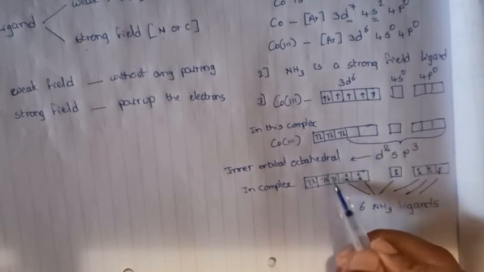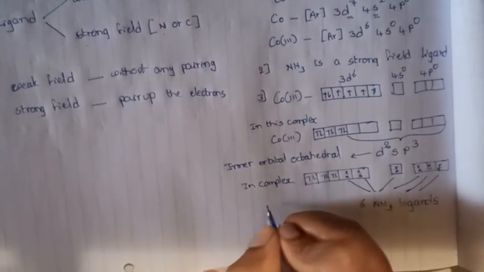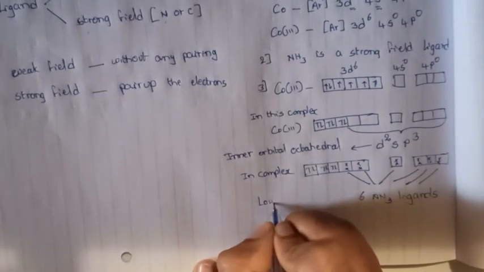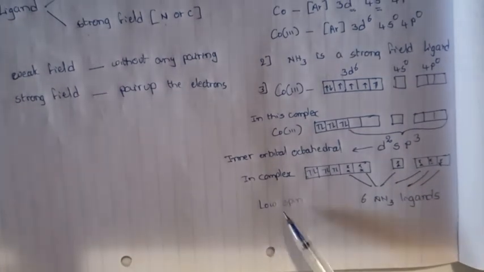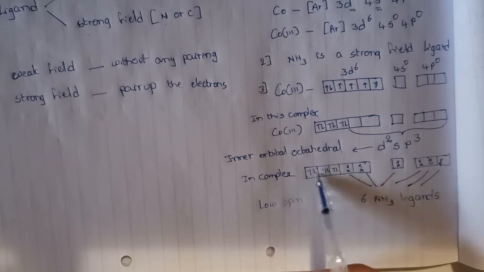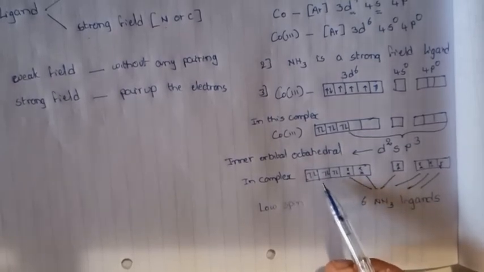There is no spin free electron here, so the complex is a low spin complex. As well, it is spin paired because all electrons are paired, and there is no free electron in this complex, so it is diamagnetic in nature.